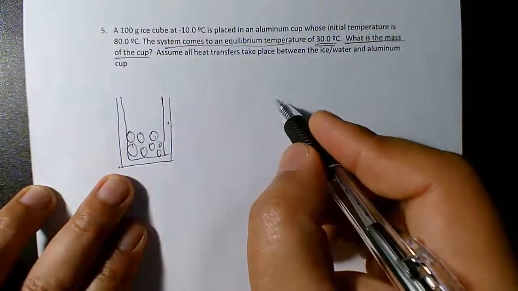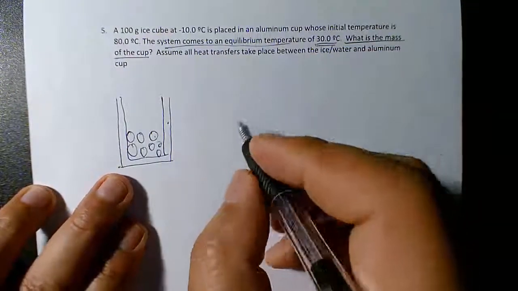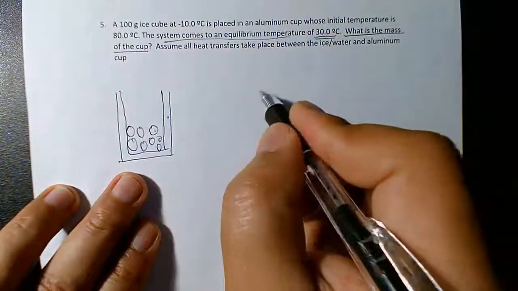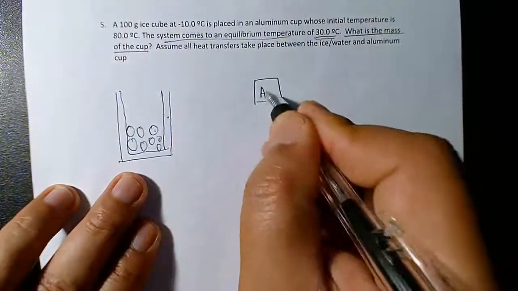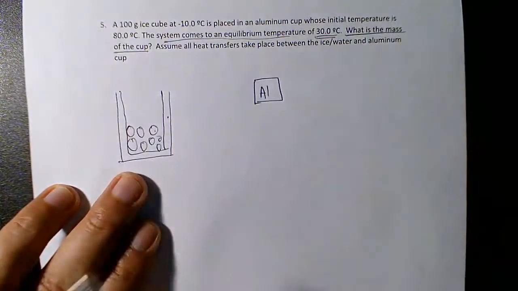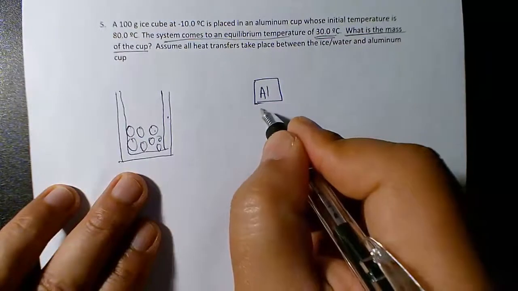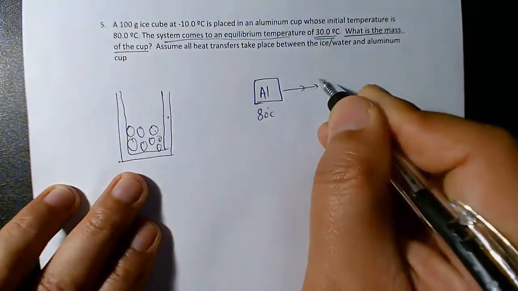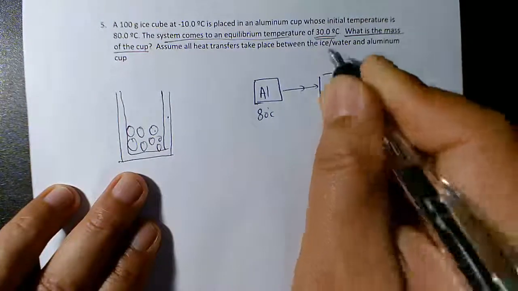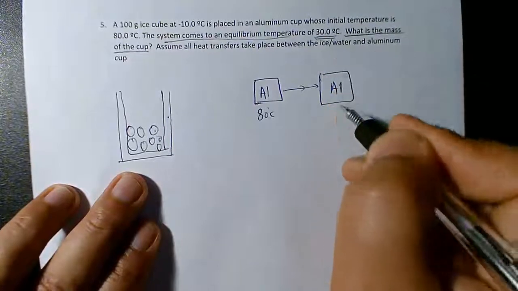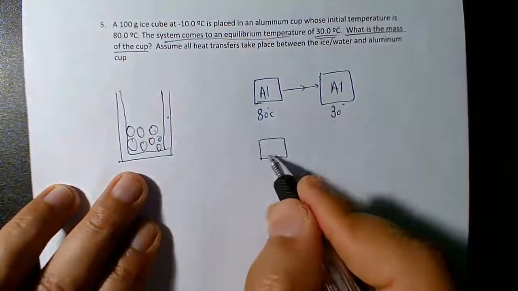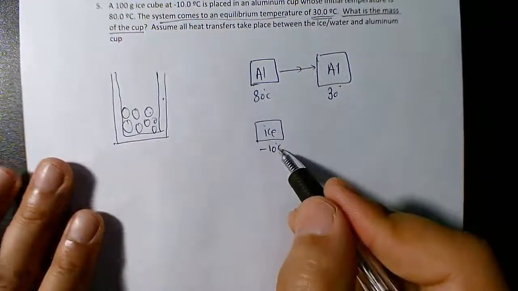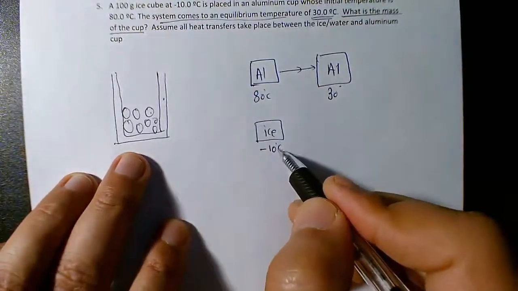So here's the block diagram. First you need to understand heat loss and heat gain. Aluminum will lose heat, so this is for the aluminum cup. Aluminum initially is at 80 degrees Celsius and will go to the equilibrium temperature of 30 degrees. However, the ice cube will have a different step, because the ice cube is placed at below freezing point, so it can't directly go to 30 degrees Celsius.